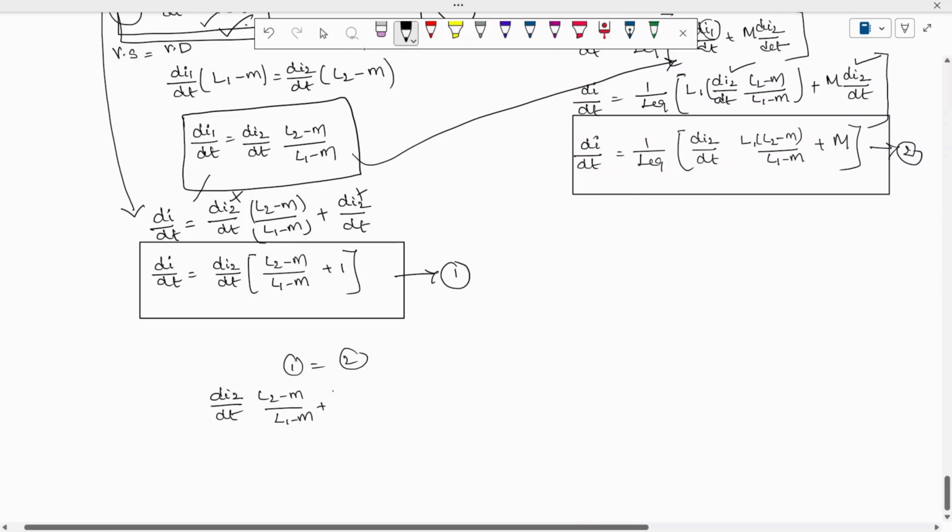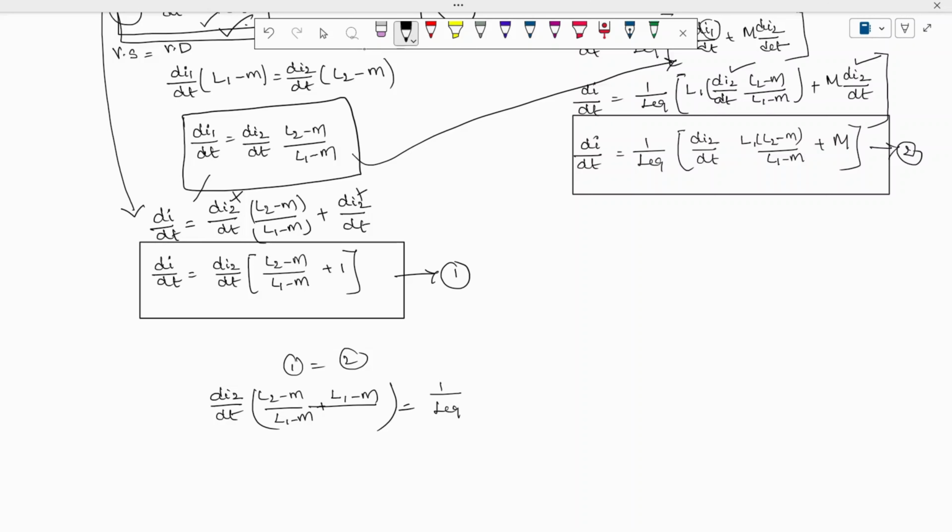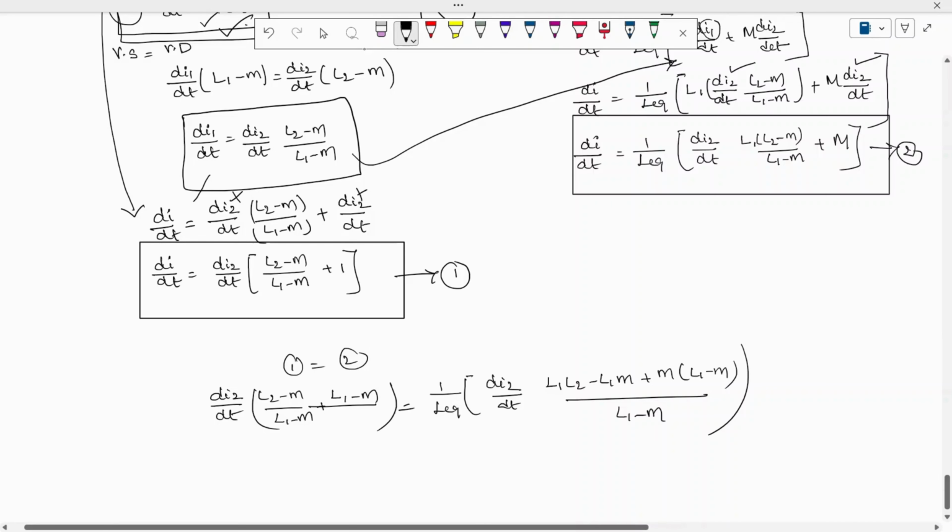When you take plus 1 as common, this is L1 minus M. I'm taking this L1 minus M as an LCM part, that is equal to, so here I'm writing 1 by L equivalent of di2 divided by dt into L1 L2 minus L1 M plus M into L1 minus M, divided by L1 minus M. I'm taking it like an LCM.